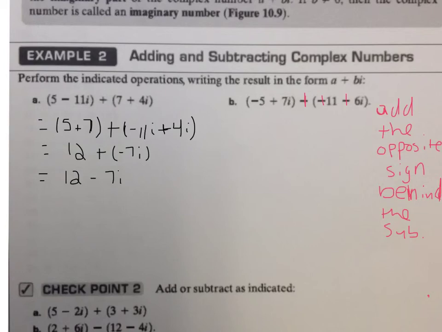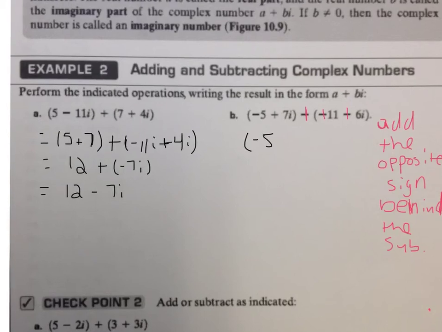Then I can do the problem, and I do it just like I did A. So I can group, now I got plus here, and I got a plus 11, so I can group a negative 5 plus 11.